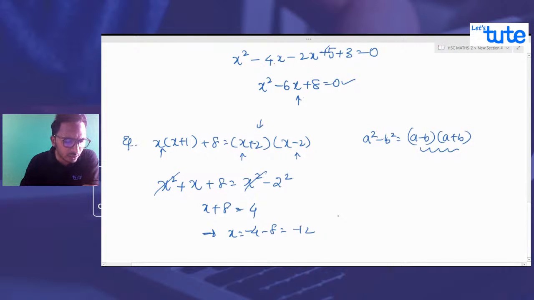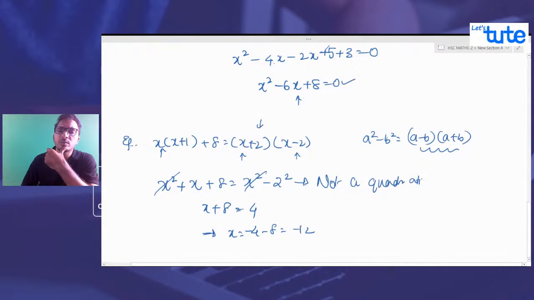Anyway, we don't even have to come till here, because we don't have square terms. Once the square terms are gone, it is not a quadratic. So I can write it here itself, not a quadratic equation. Okay, fine, let's move ahead.